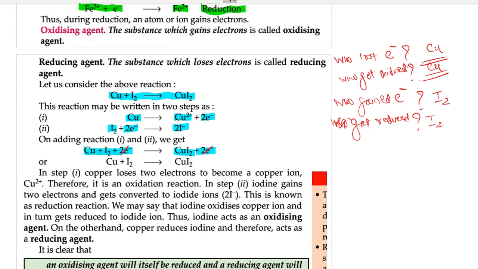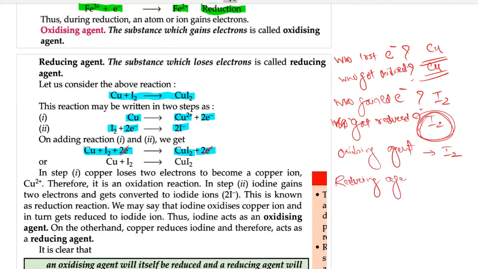Again, who is the oxidizing agent? The substance which gets reduced is the oxidizing agent. Who is the oxidizing agent? Iodine, because it took away electron from copper. That's why it's the oxidizing agent. And who is the reducing agent?